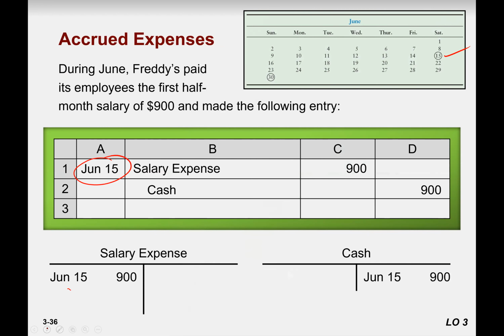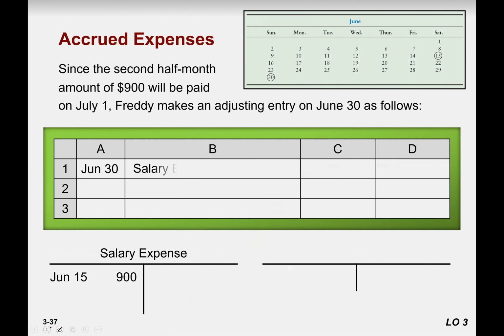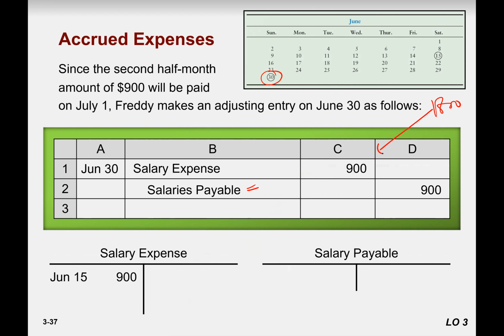When you pay the salary, if you are open on Saturday, pay the salary in cash, but on the 30th, you are not open. In that case, you create a liability. So half of the 1800 is 900. The due date is the 30th, but you are not open over there. So you create a liability.